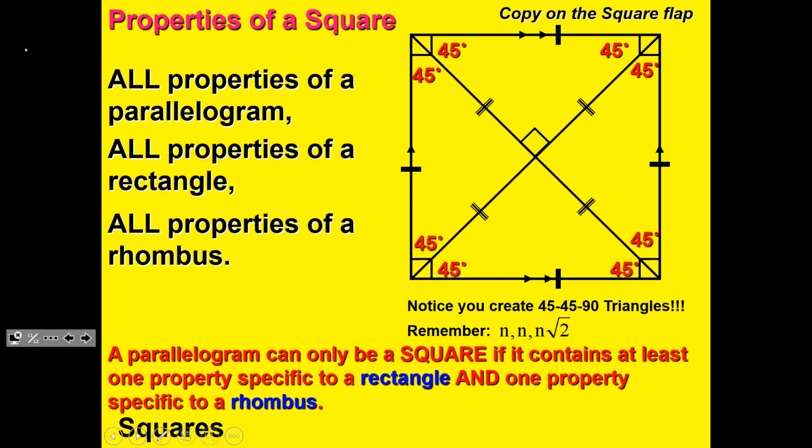Okay? And a parallelogram can only be a square if it contains at least one property specific to a rectangle and one property specific to a rhombus. Give me a second to copy all that down.